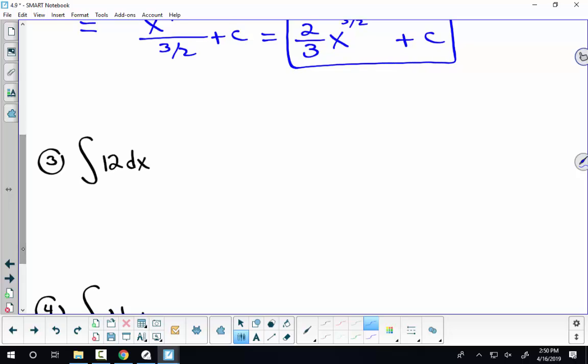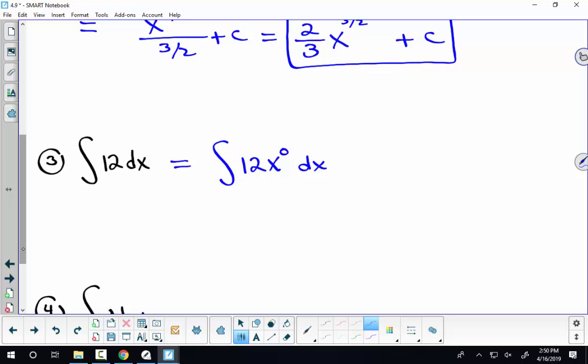What about the antiderivative of 12 with respect to x? 12x. What's the power here on x, if we're looking at it as a power rule? Isn't it x to the 0? X to the 0 is 1.